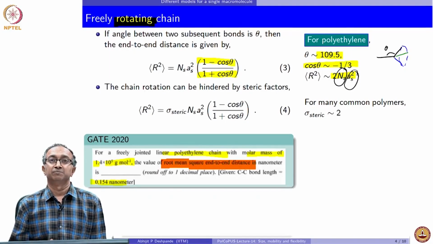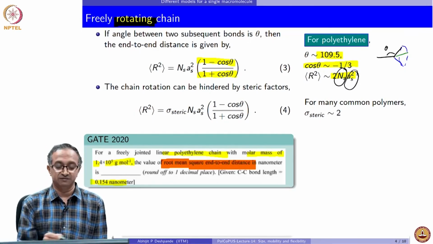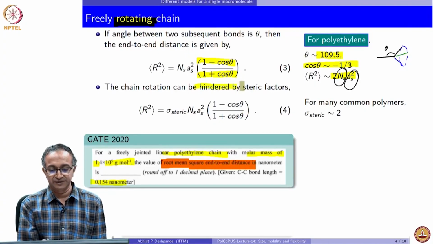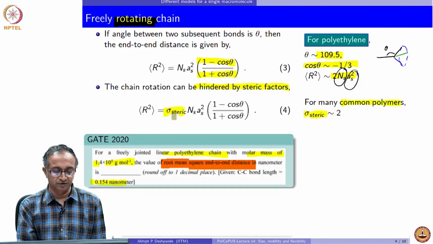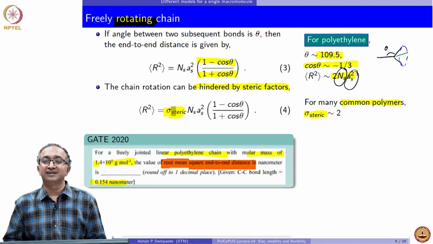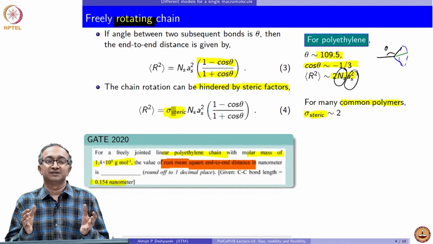Because of a bulkier group, quite often we will have steric factors, and rotations which are possible may become more difficult. So hindrance because of steric factors is also there. For many common polymers, we have a steric factor of 2, and therefore the end-to-end distance is again higher. You can see that the ideal chain model shows Ns times As squared.